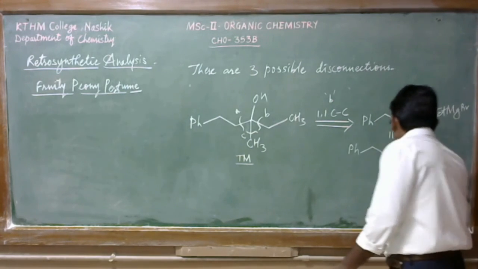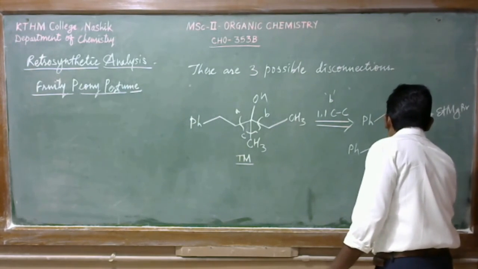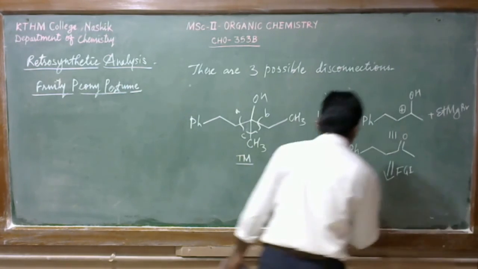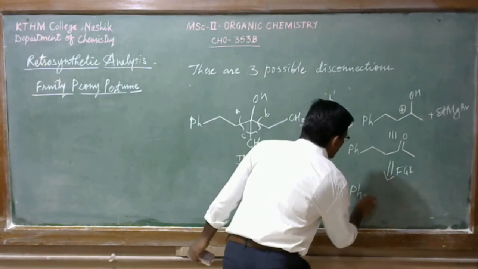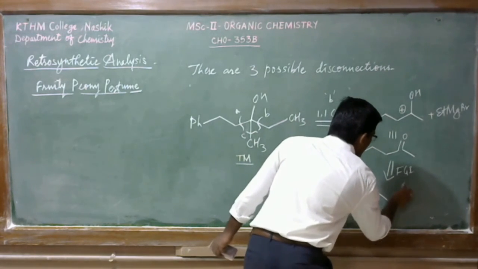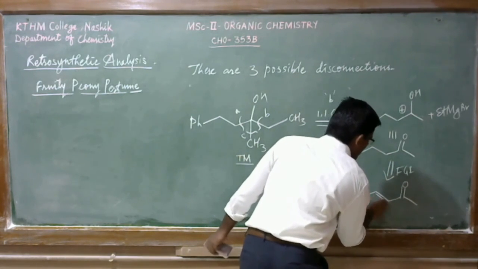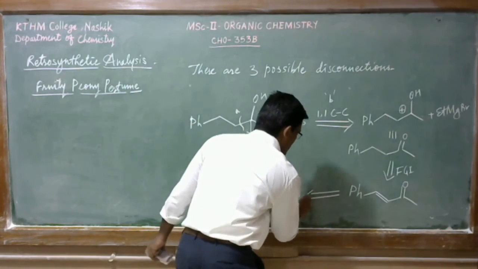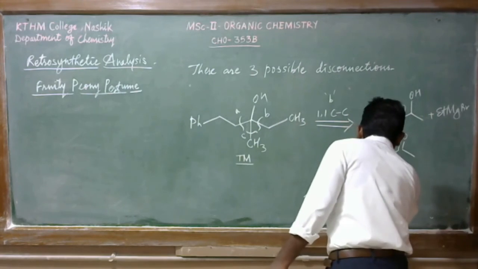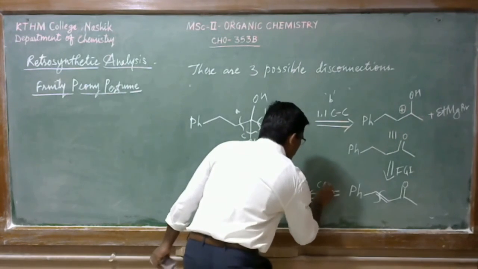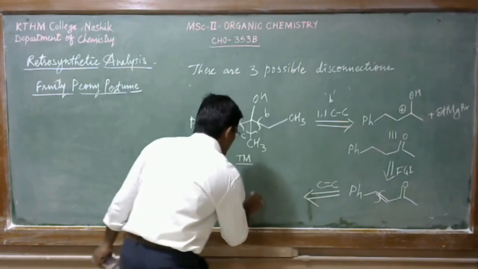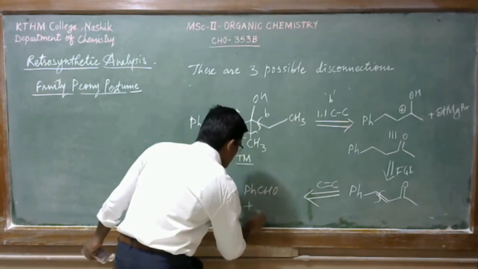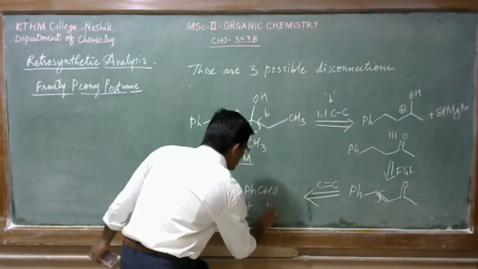So when you do this HCl for this, like this, and then you break the carbon carbon double bond, we will get this benzaldehyde plus acetone.